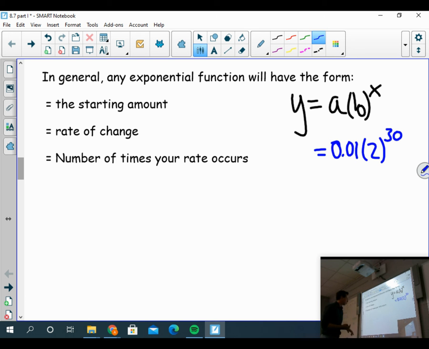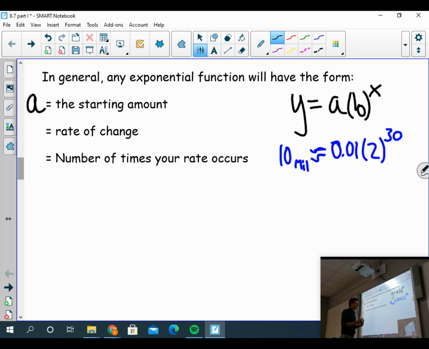So let's break down each part. Well, if we look at our example from the penny problem, I think it'll be helpful for us to see what each part represents. Number one, y is going to be your total, okay? In the penny problem above, this was roughly, I'll put the about symbol here, about $10 million, okay? Y is going to represent your total. A is going to represent your starting amount, okay? This was the 1 cent in the penny problem, right?